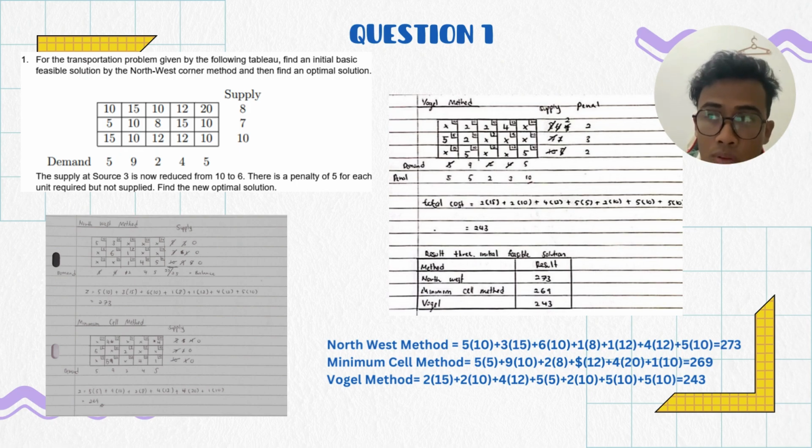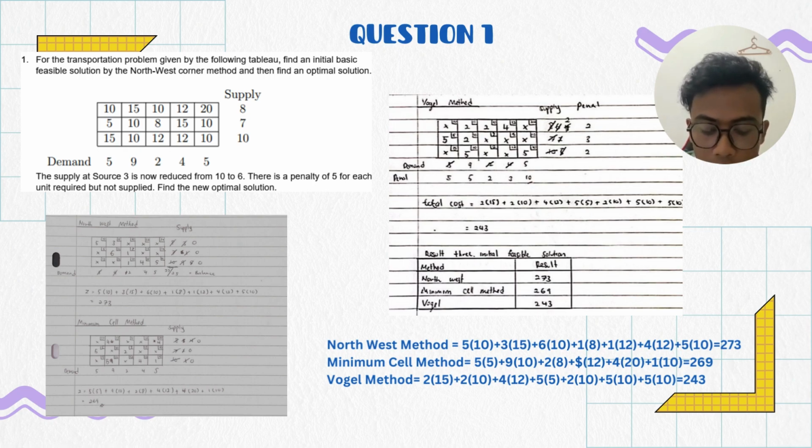First, for using the Vogel method, you need to find the penalty cost. For the penalty cost, how to find it? We take the lowest transport cost and then the second lowest transport cost, and we subtract it. For the first row, I take 12 and 10, and we got the penalty cost, which is 2.